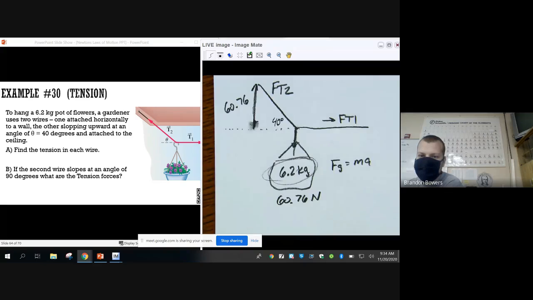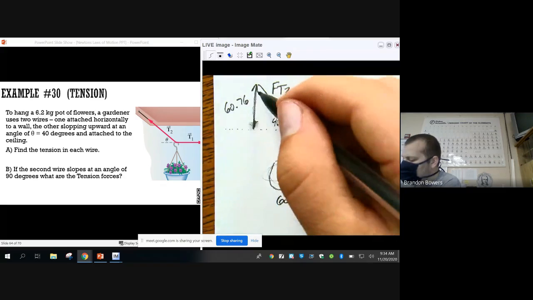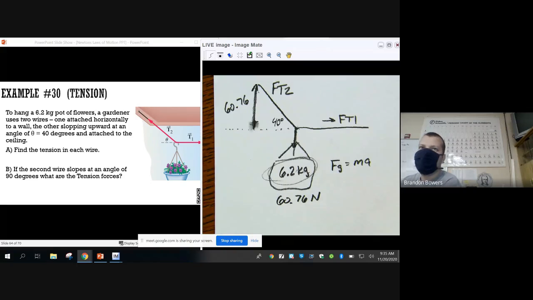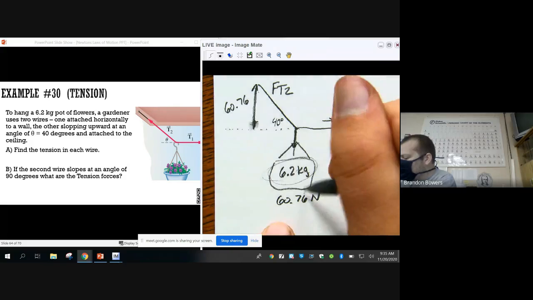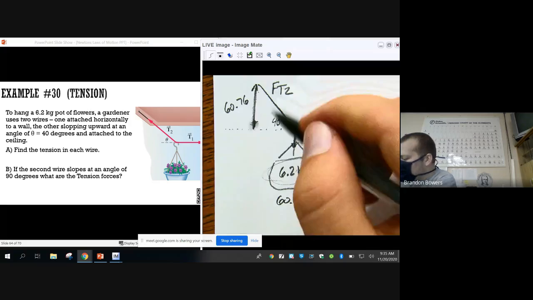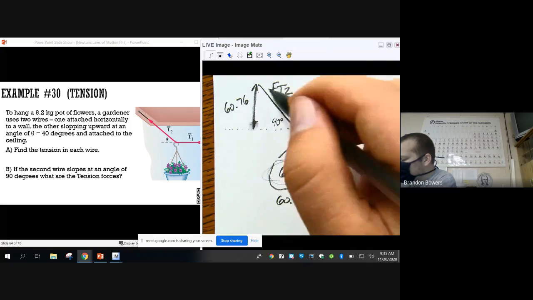The force of gravity has to equal the force going up, the tension, because the plant's not moving. It's just stationary. So the gravity pulling down is going to equal the tension pulling up. Does that make sense?